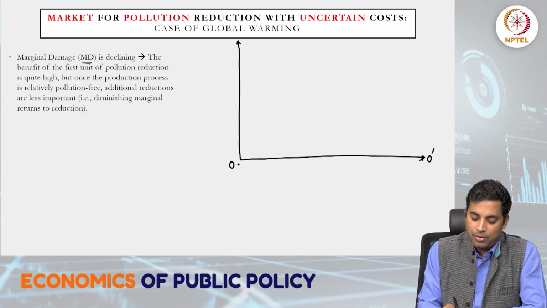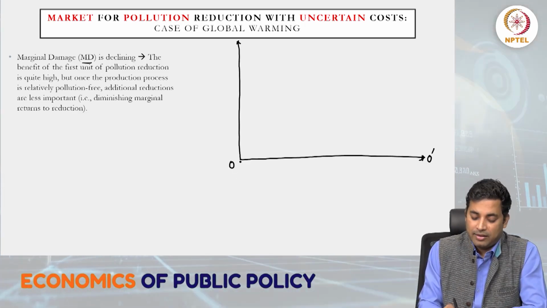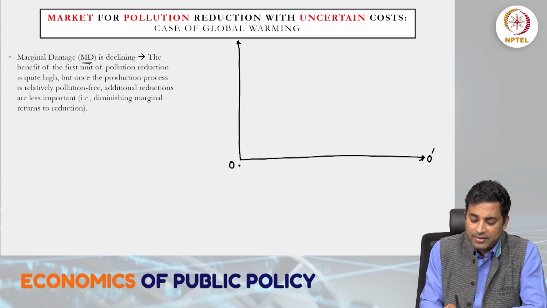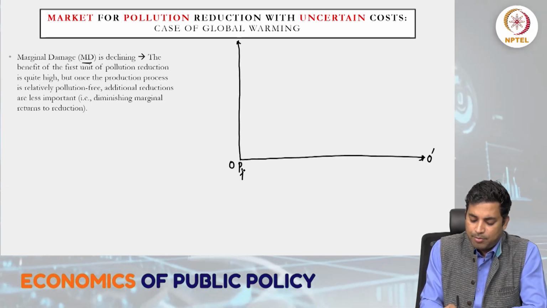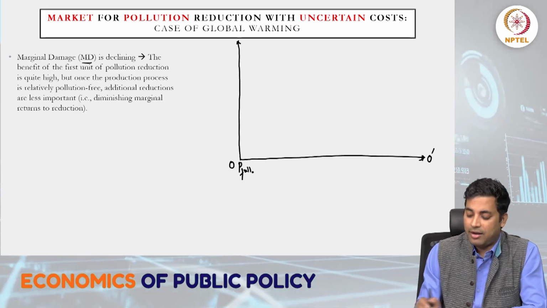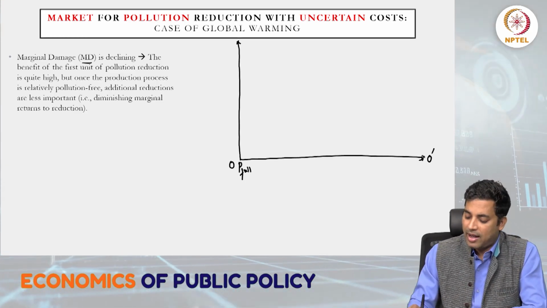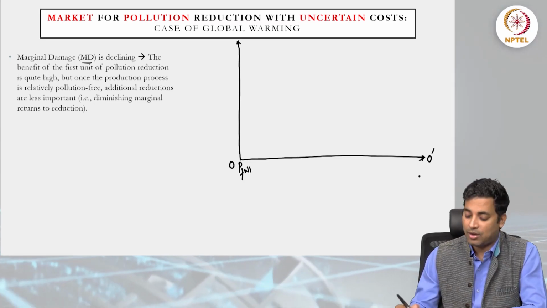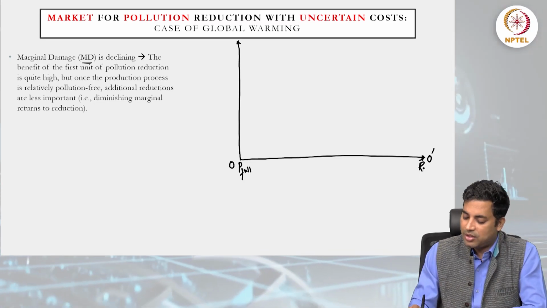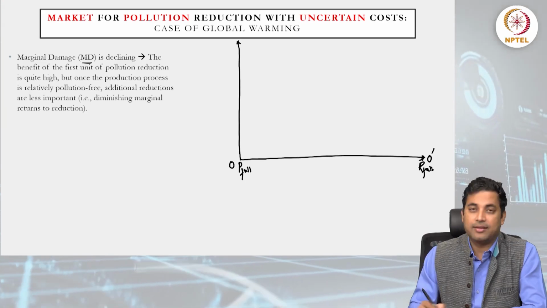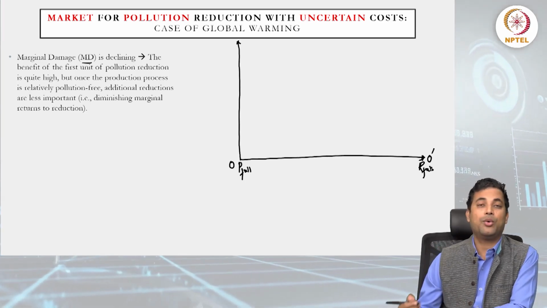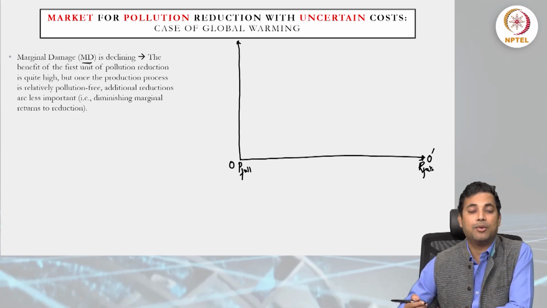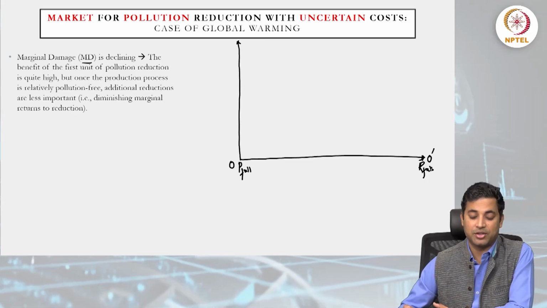At O, the corner on the bottom left, pollution is at the full level, the highest pollution. And at O dash, the corner on the right hand side, pollution reduction is at the full, where there is no pollution, and at P dash there is no pollution reduction.